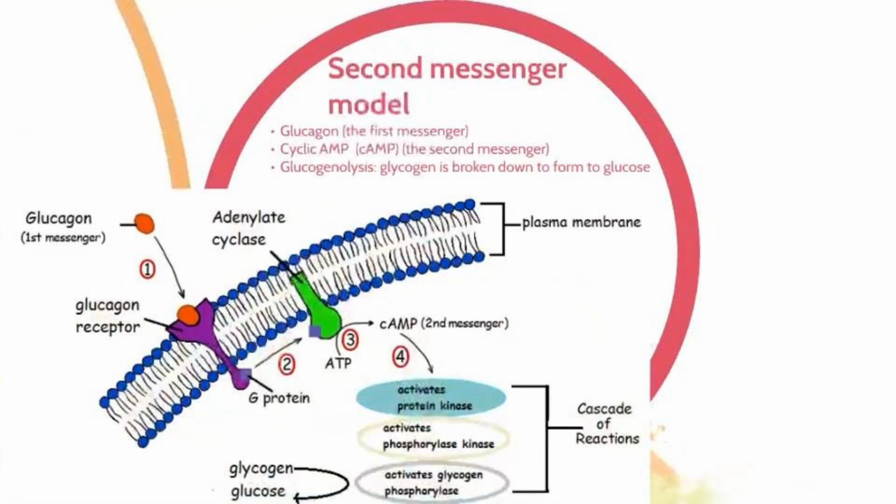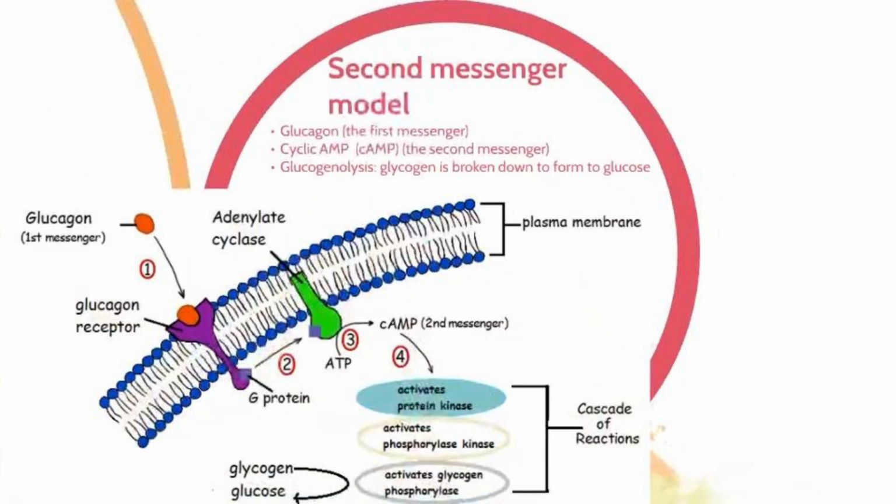So it causes the release of extra glucose by the liver, and this can bring up the blood glucose levels back to the normal range, which is what homeostasis is all about. It's returning the body to its normal range where the body works at its best. So I'm going to go over and recap exactly what is happening here at each stage, and then hopefully that will become a bit clearer to you.